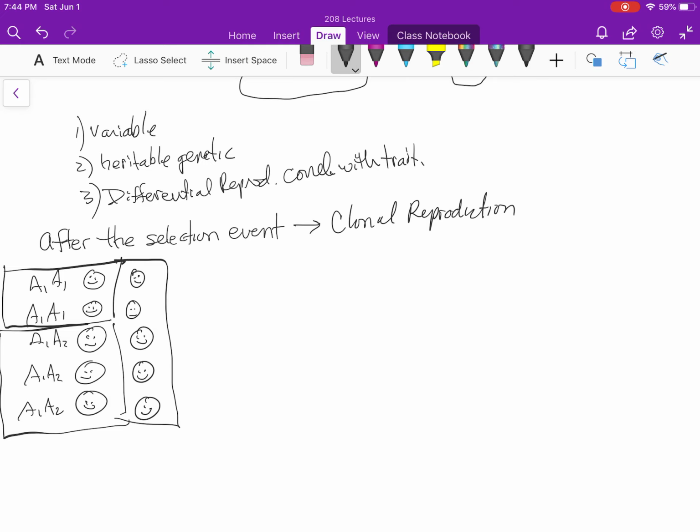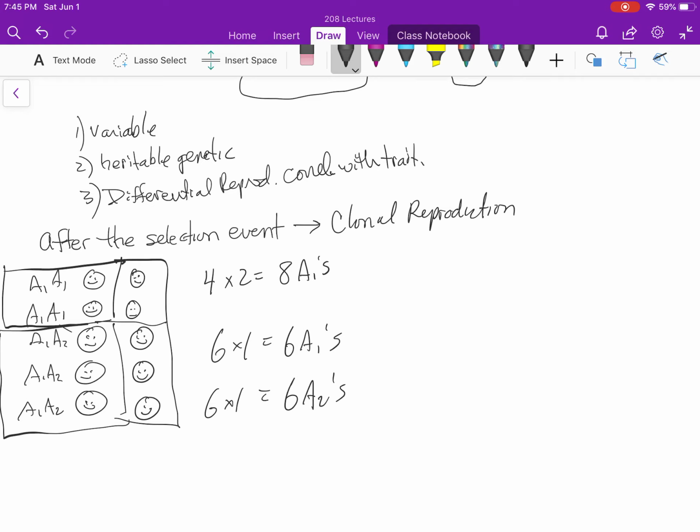Okay, so we know that the A1 category, we have 1, 2, 3, 4 individuals. So we have 4 individuals here times 2, which is 8 A1s. All right, and we go down to the heterozygote category, and we know that there are 6 individuals here, so there's 6 times 1 is 6 A1s, and there are 6 A2s.